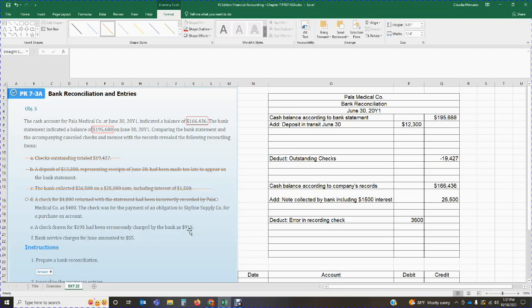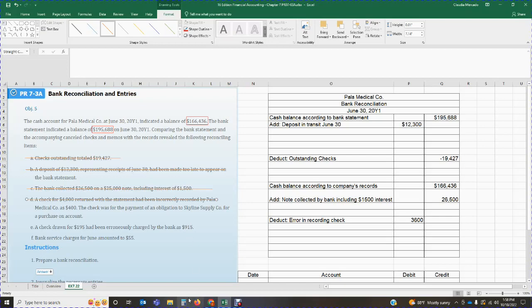So here we have an error, and an adjustment is pending. Now are we going to add or subtract? That's the million-dollar question. The check should have cleared for $195, but it cleared instead for $915. That means the bank took away too much money.